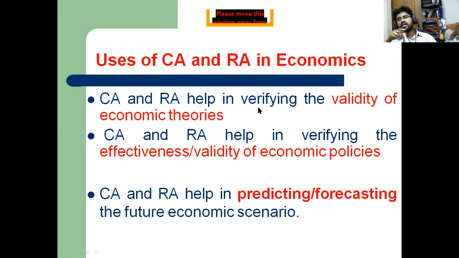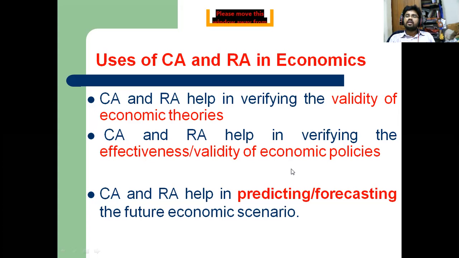Then the second last one, which is very close to the above point: correlation or regression helps in verifying the effectiveness and validity of economic policies. We have different policies in the Indian context. If you take LPG, liberalization, privatization, globalization, is there any impact of LPG on exports of agriculture products? We need to verify that.